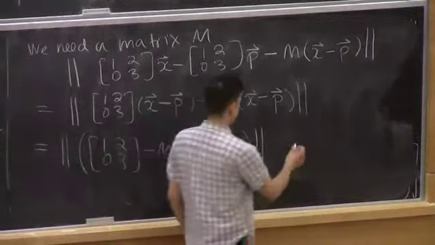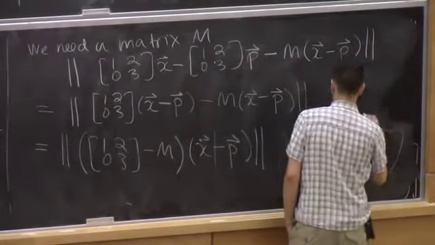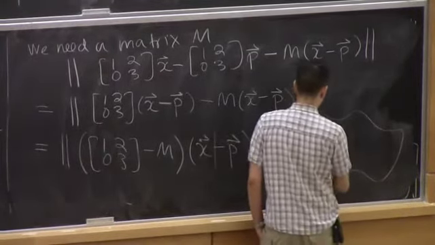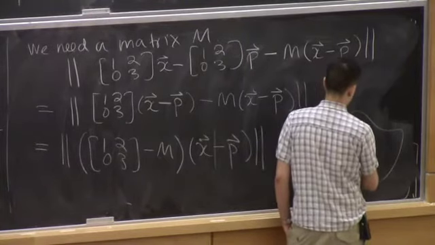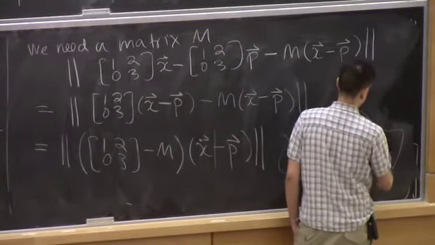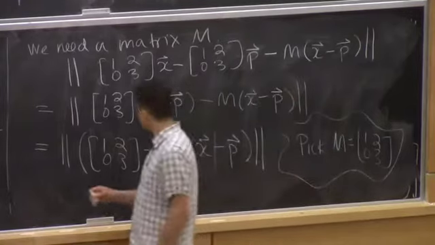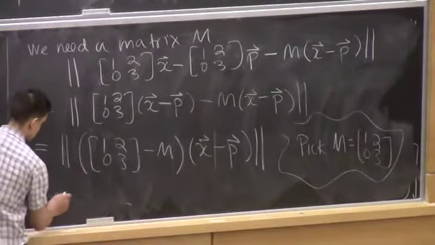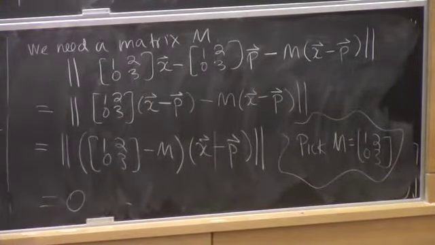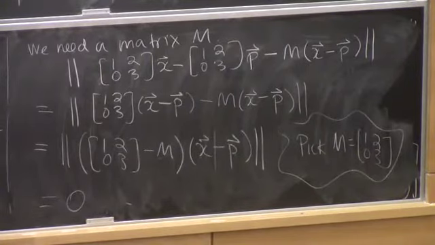So we're going to pick that matrix, and then we get that this is always 0.